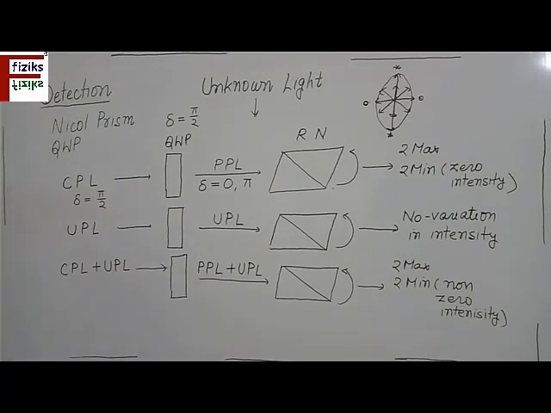The third case is when we pass the unknown light through the rotating Nicol and we get 2 maxima and 2 minima with non-zero intensity. Then there are three possibilities. Either this is elliptically polarized light, or it is partially polarized light, or this is a mixture of elliptically polarized light plus UPL.